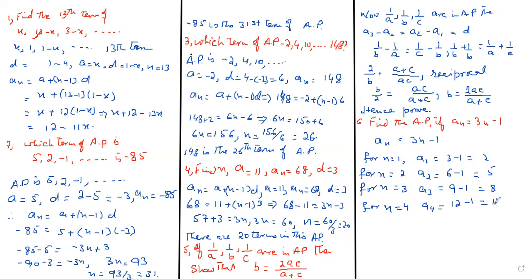So the required AP is 2, 5, 8, 11, till 3n minus 1.